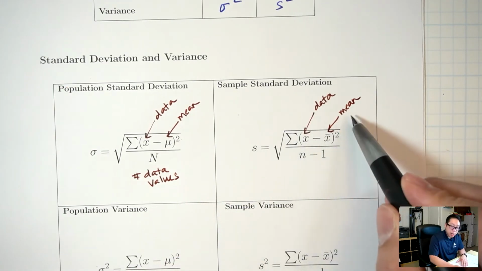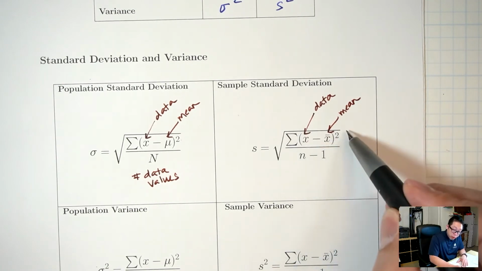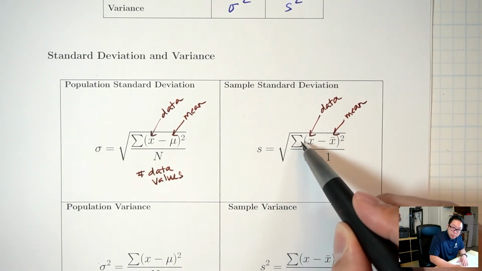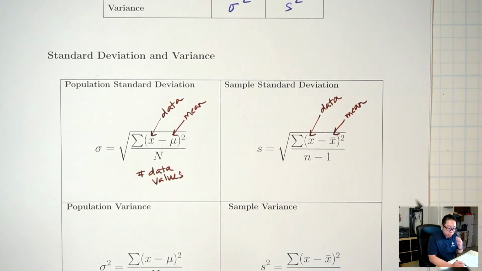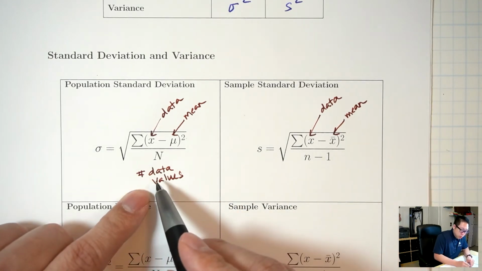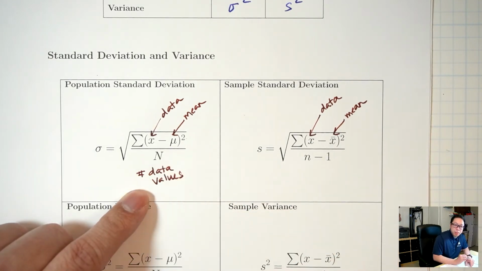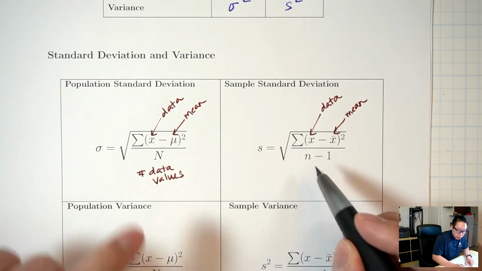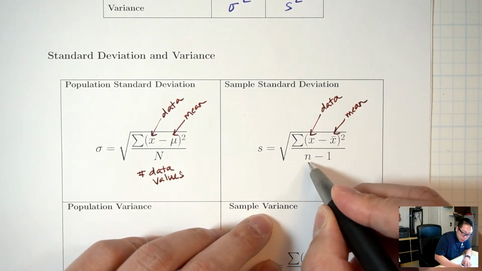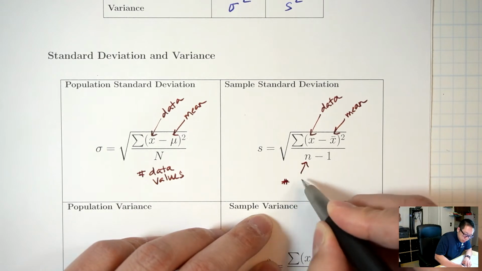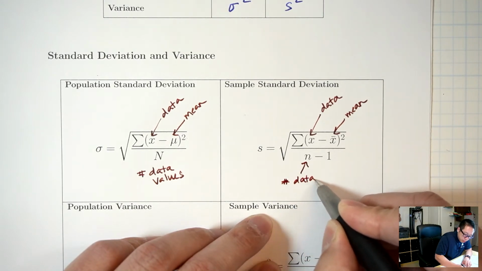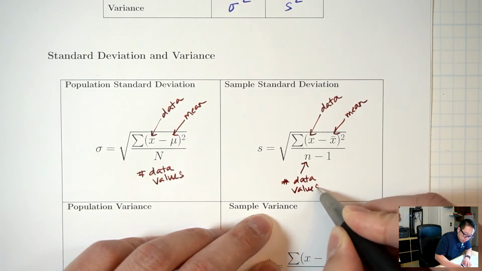Take your data, subtract the mean, and then square it, and then add it up. The only difference is here, you're dividing by the number of data values. Here, you're dividing by number of data values minus 1.